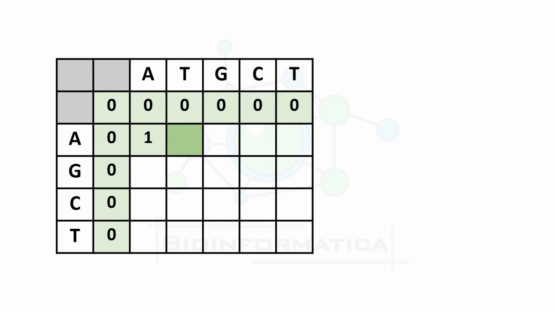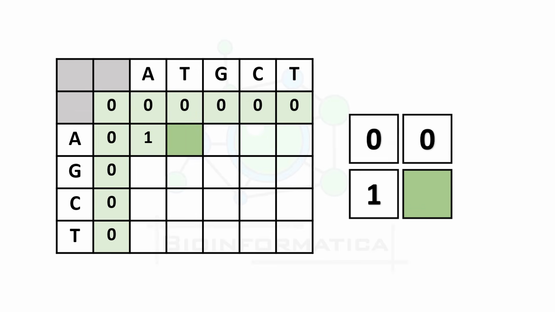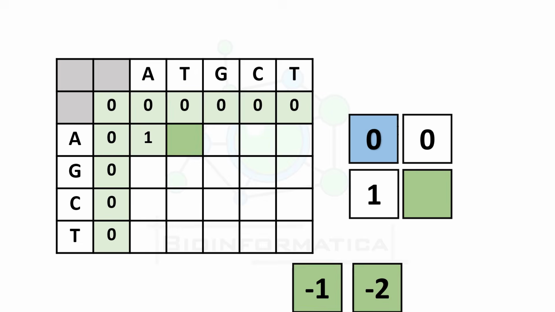Now we will proceed to the next box. Here the neighbors are 1, 0 and 0. First we take the left neighbor, that is 1. Add the gap penalty to it and we get -1. Again note it down. Then we move to the upper neighbor, that is 0. By adding the gap penalty to it, we get -2. And finally the diagonal neighbor.